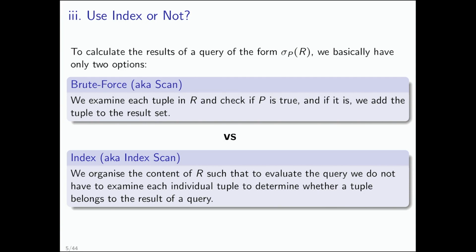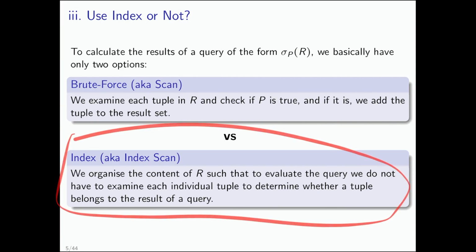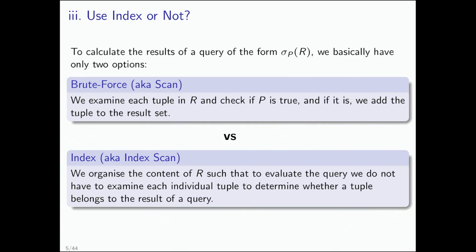Versus you use an index. We organize the content of R such that to evaluate the query, we do not have to examine each individual tuple to determine whether it belongs to the result. That's what I explained last time with horizontal partitioning. You try to partition relation R in a way such that at query time, when you evaluate this predicate, you don't have to look at all of R, but just small subsets, ideally just the result set.